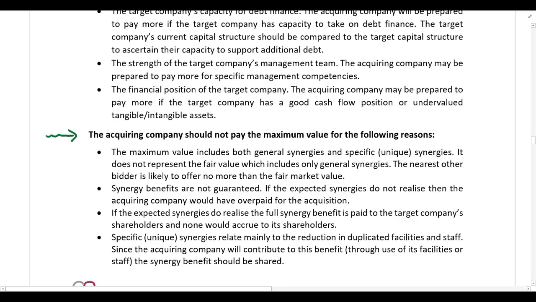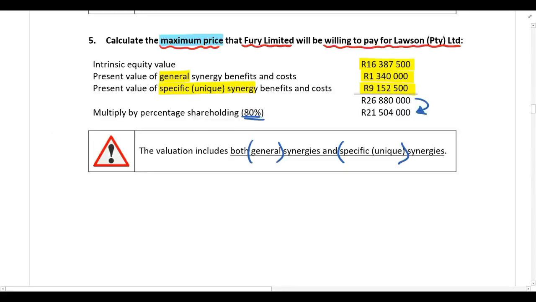But I want to discuss the reason why the acquiring company should not pay the maximum value when buying shares in the target company. So if you go back to the calculations we performed, this is the maximum value that we calculated. So why should Fury Limited not pay the maximum value?